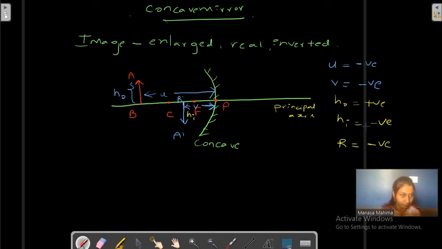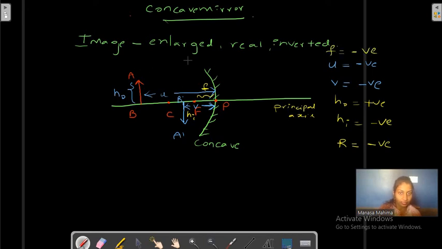These are the points which I have to keep in mind about the sign convention, whatever I am explaining to you. You have to keep the sign convention in mind for solving. And one more point, the focal length. How can you determine the focal length? We have to measure the distance between the principal focus and the pole, that is denoted by small f. And in this case, small f will be negative.